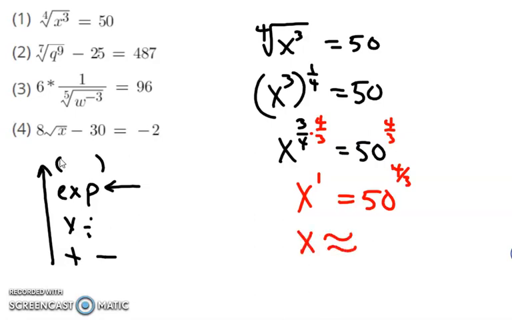So 50 to the 4/3 is the actual answer. Then 50 raised to the 4/3. Keep in mind, always put the fraction in parentheses. And hopefully you got an answer of 184.202 for your final answer.